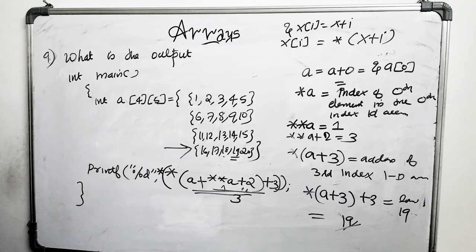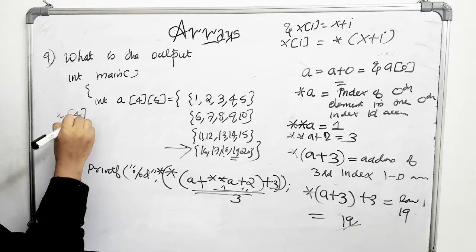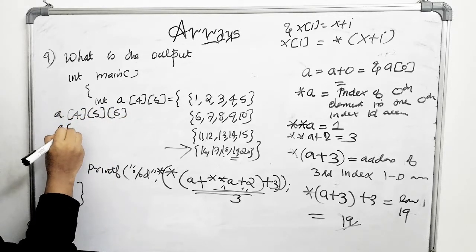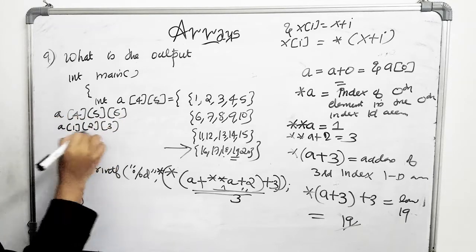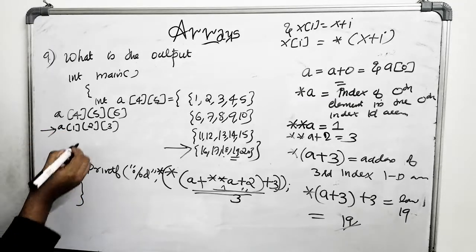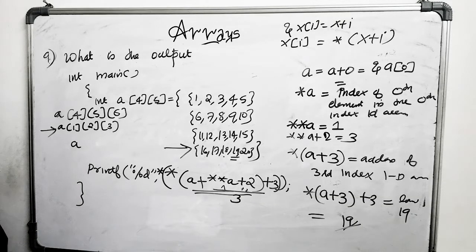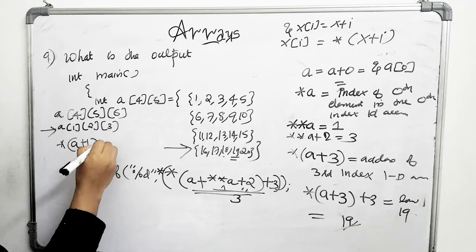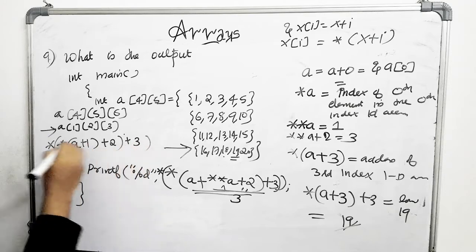For example, if you have a three-dimensional array like A of 4, 5, 6, and you want to get the address of A of 1, 2, 3, this is the declaration, and if you want to access this location, you can write it as: A plus 1, now star, now that plus 2 to get this position, now plus 3, the whole star.